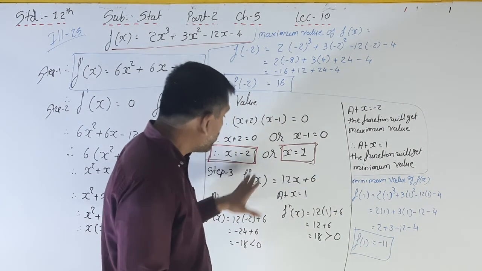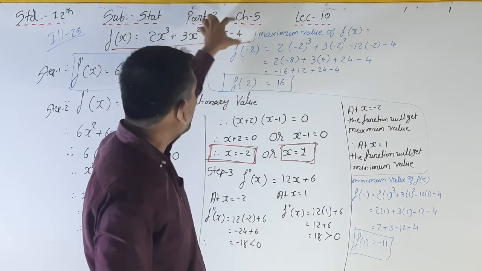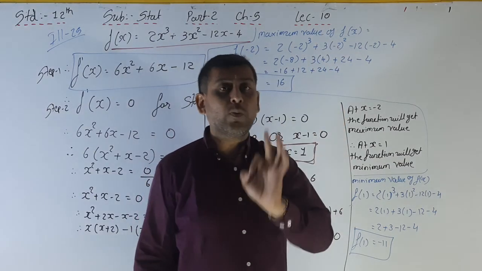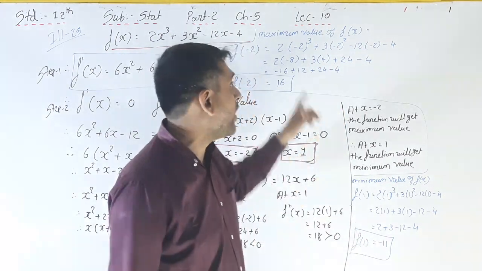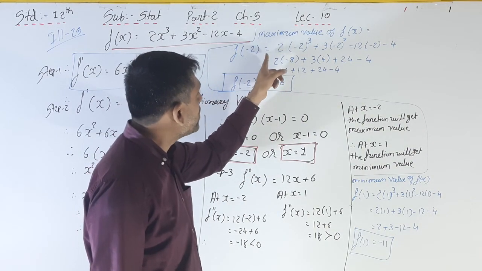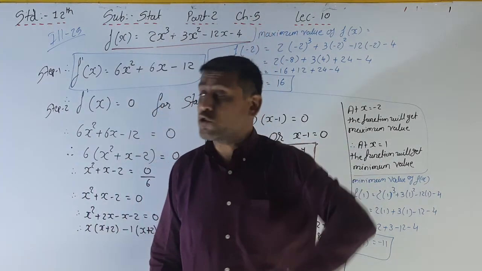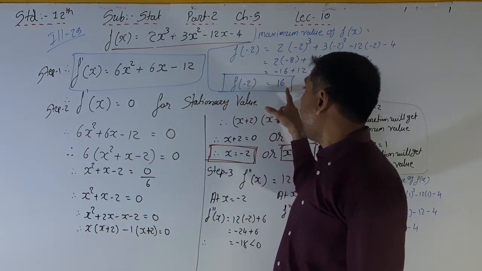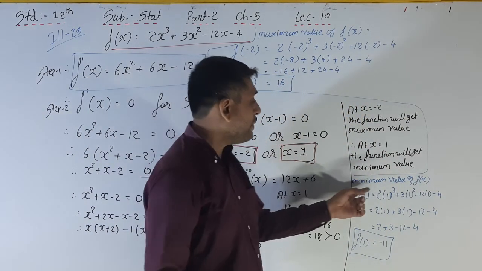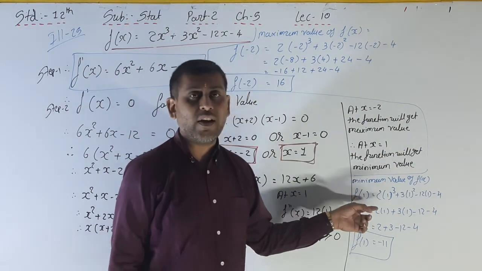So these stationary values we have to put into the original function. At x = -2 we get the maximum value. That's why the maximum value of f(x) is f(-2); putting -2 as x into the original function, we get f(-2) = 16. Then for the minimum value, at x = 1 the function gets the minimum value.